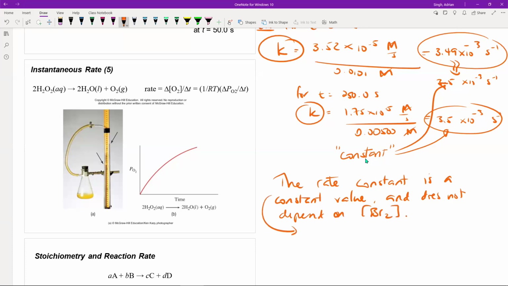However, and this is important, it does depend on temperature. So we can say the rate constant is constant at a constant temperature.